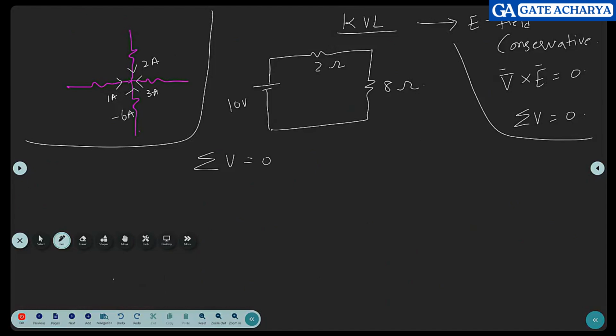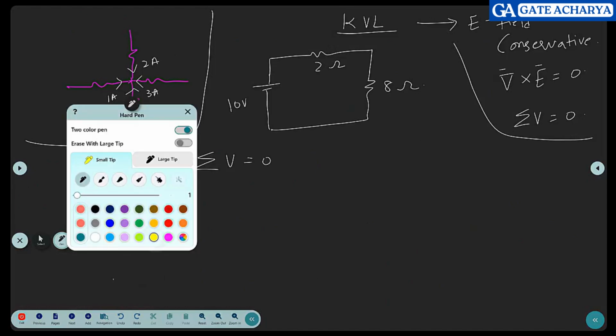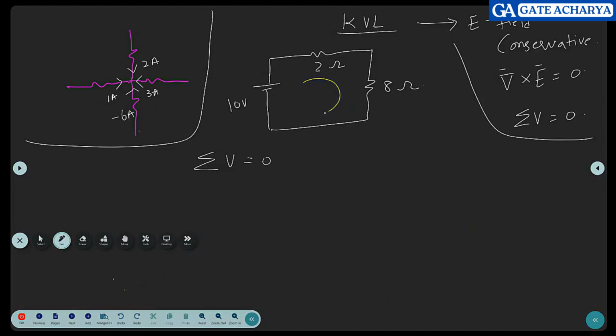So here, how do you write the potential equation? Current entering the component, leaving the component. Whenever current enters, you say plus. Whenever it leaves, minus.